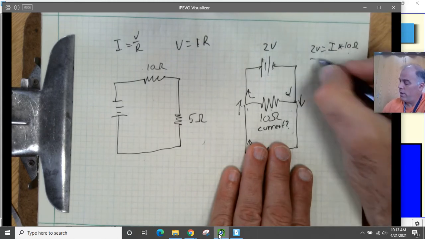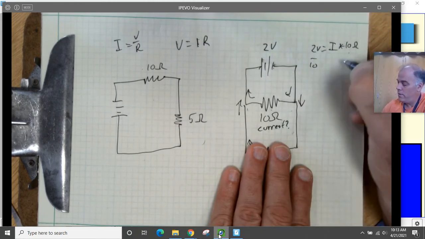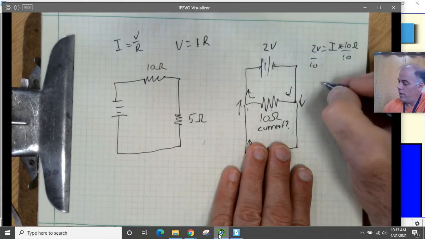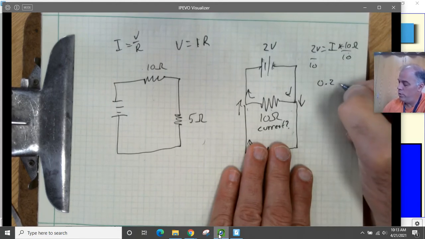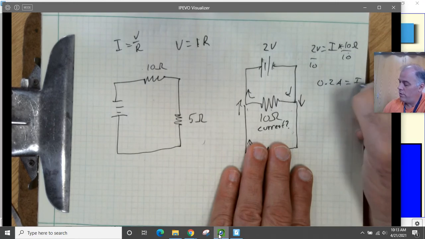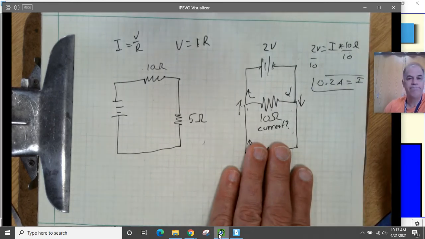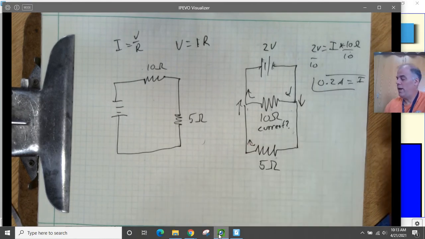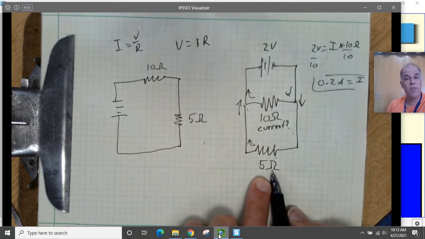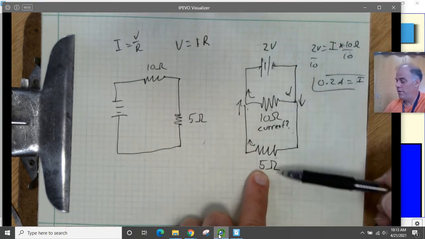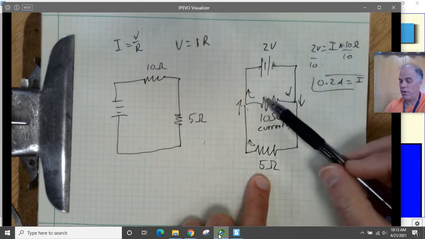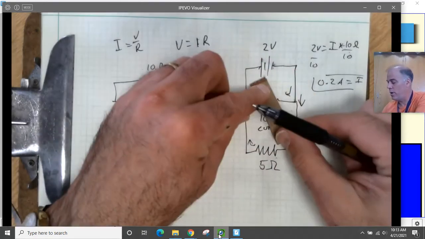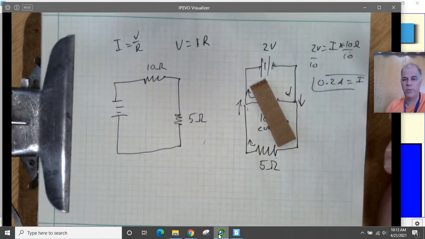And so we divide both sides by 10, and we get 0.2 amps is the current. That's it. That's all there is to it. All right, now at the same time, we can do the same thing for the other resistor because this resistor has no awareness or concern with this one. I'm just going to kind of cover that up with the cardboard here so we don't see it anymore.